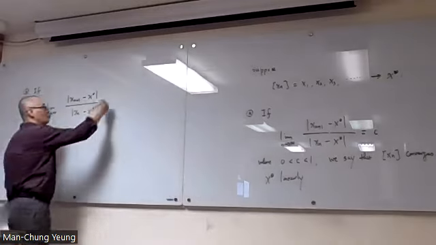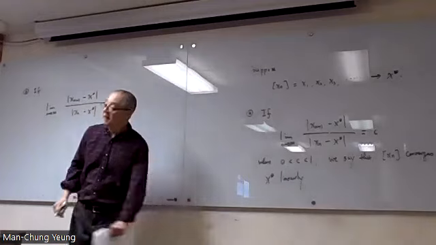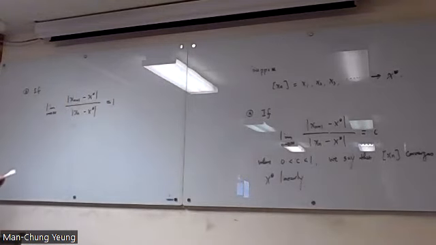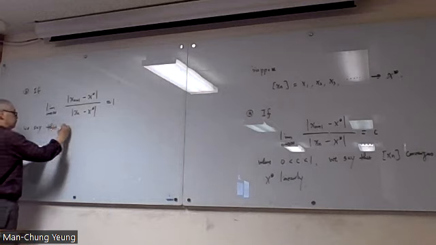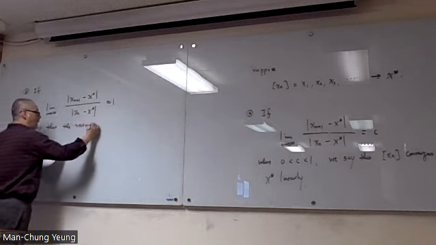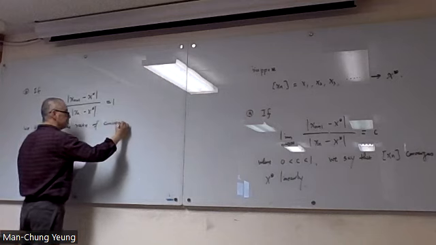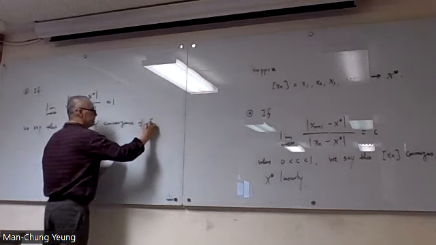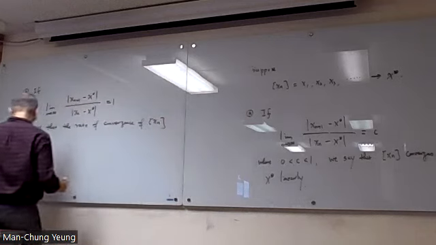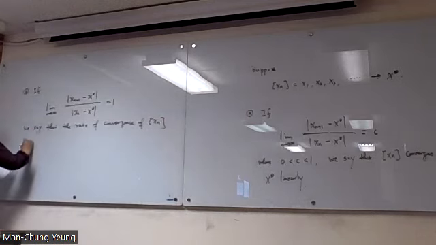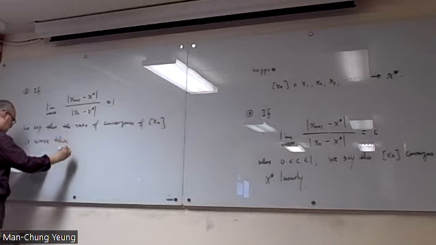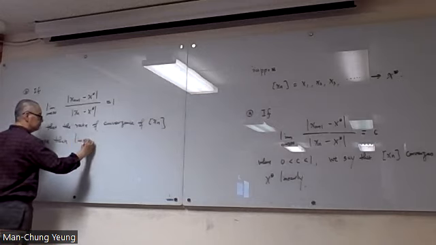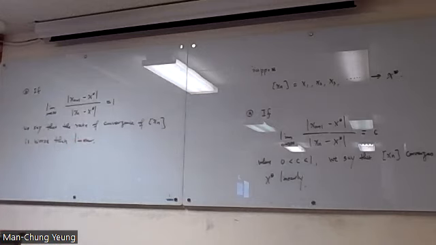If the limit is 1, not just between 0 and 1, in this case we say that the rate of convergence of this sequence is worse than linear, lower than linear.